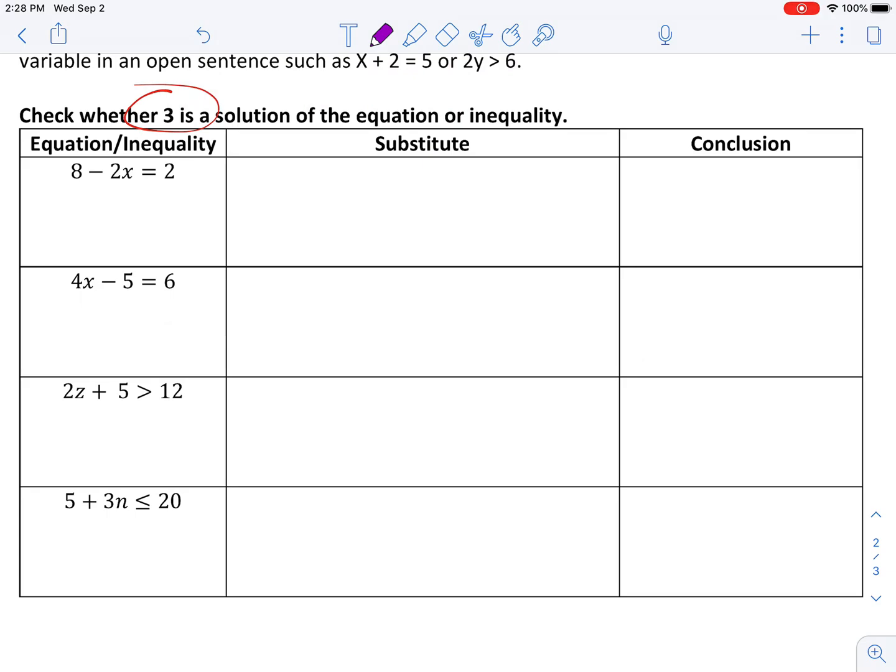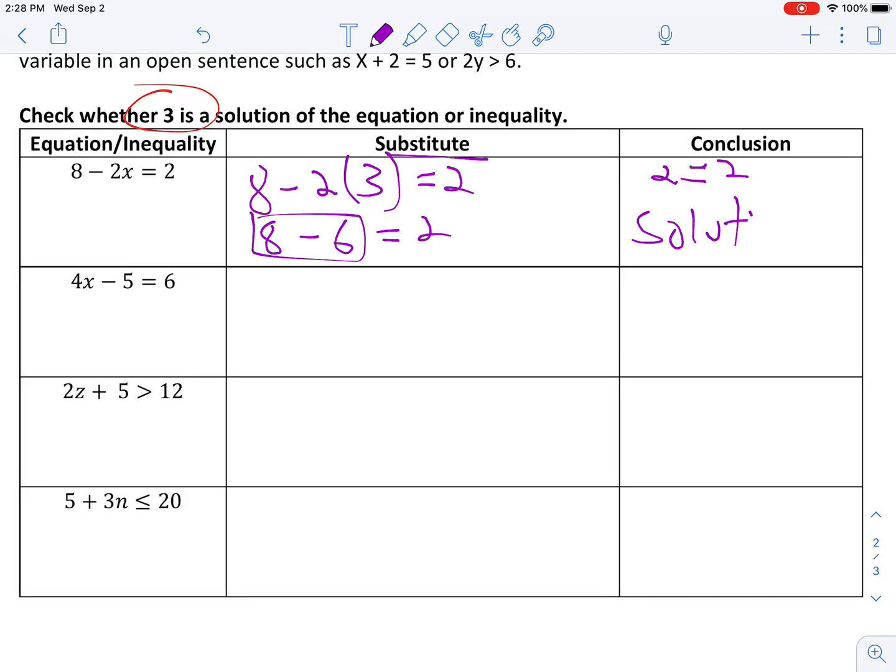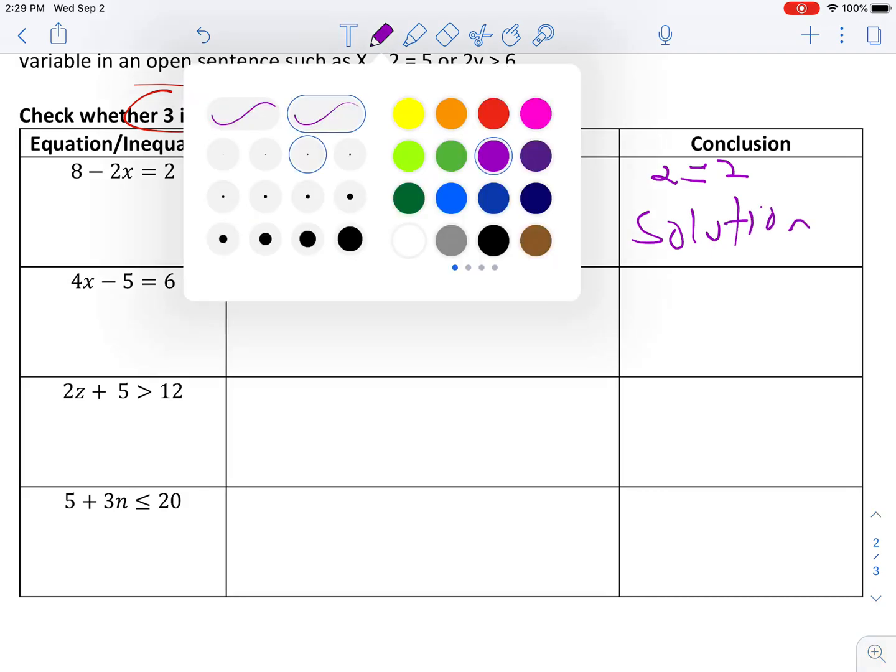I need to see if 3 is a solution to this. So 8 minus 2, but I'm not going to put x in. I'm going to substitute 3 in for x. When I do that, I get 8 minus 6 equals 2. Well, 8 minus 6 is 2. You get a statement that is true. 2 equals 2. Therefore, yes, this is a solution.